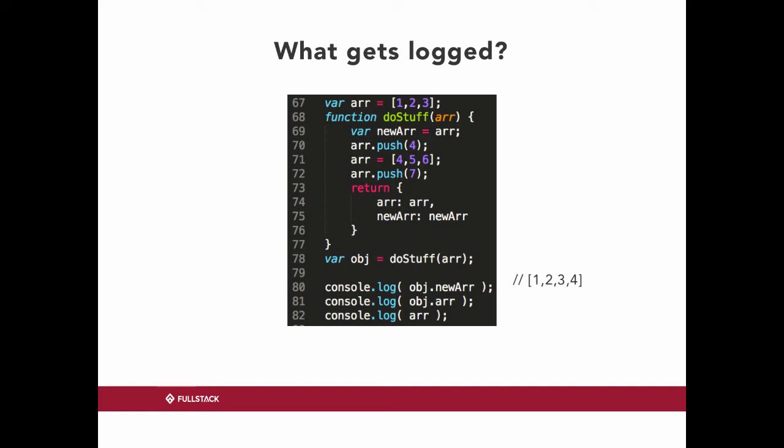Great idea. Actually, 1, 2, 3, 4. Because we assign newArray to array up here, which is 1, 2, 3, and we push in 4 to that. Let's go through all of them. obj.array is 4, 5, 6, 7. And then array is 1, 2, 3, 4.